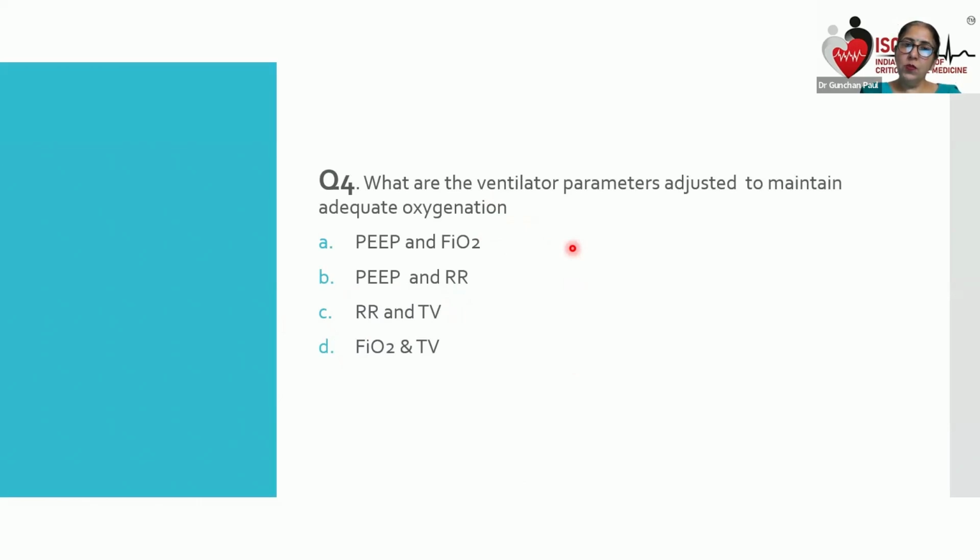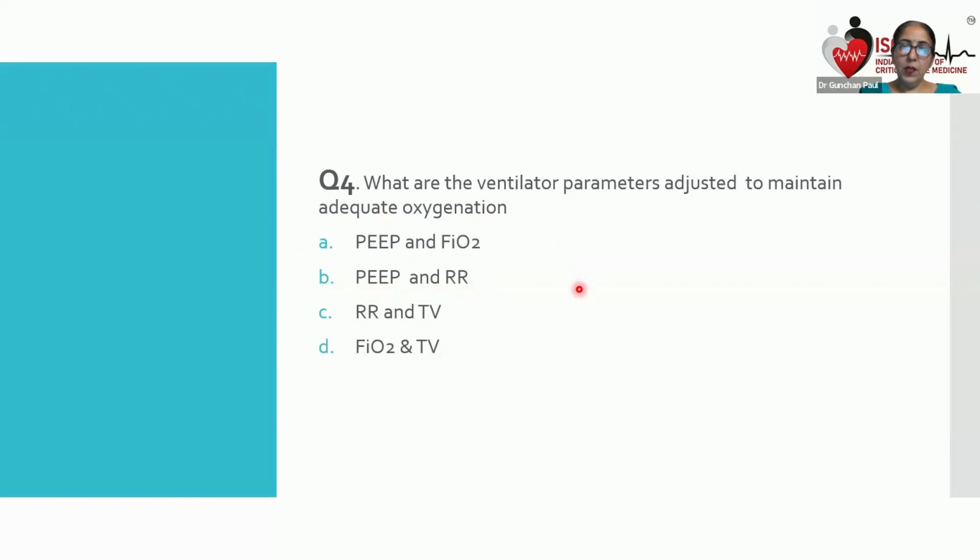What are the changes in the ventilator done? We adjust the PEEP and FiO2, or we adjust PEEP and respiratory rate, or we adjust respiratory rate and tidal volume, or we adjust FiO2 and tidal volume. Sinai has typed A, PEEP and FiO2.